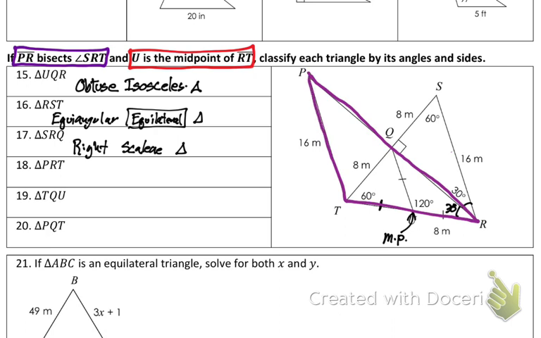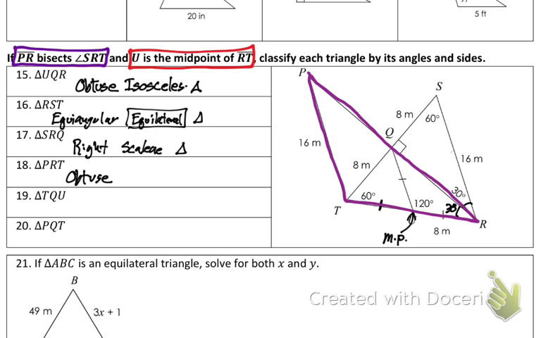Be careful on PRT. We should get the obtuse portion right because it's a wide open angle. So we should have obtuse. But what we might have messed up on is that this is actually an obtuse isosceles triangle. And it's isosceles because this is 16 and these are both 8.